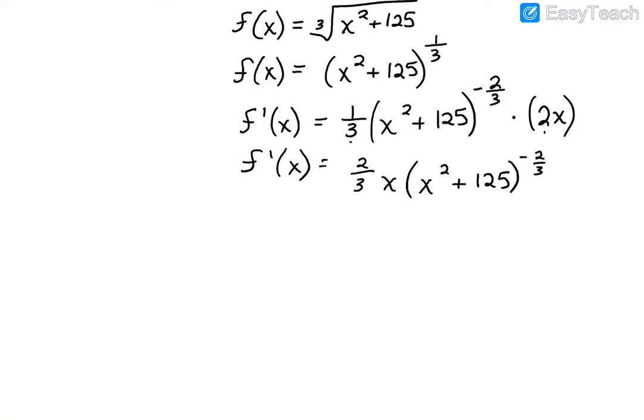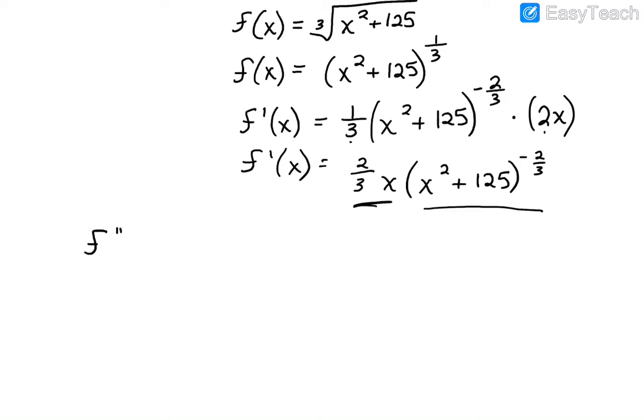Now, as we approach taking the second derivative, you'll notice that we have a product of terms. I'm going to treat the 2/3 x as one term, and then I'll treat the x squared plus 125 to the negative 2/3 as a second term. So we're going to have to apply the product rule in this case.